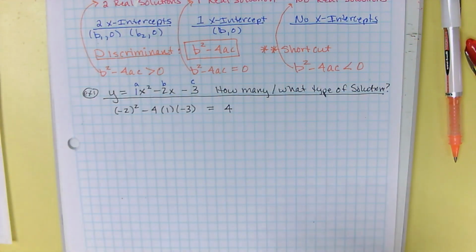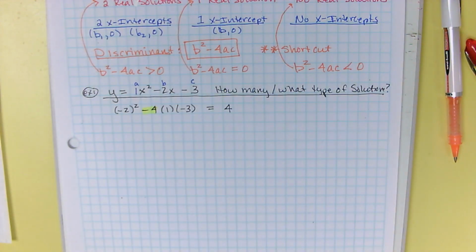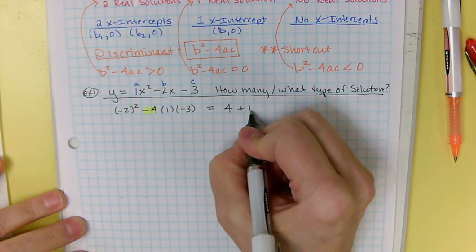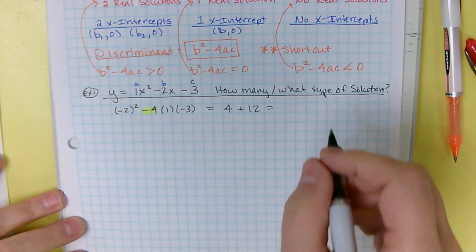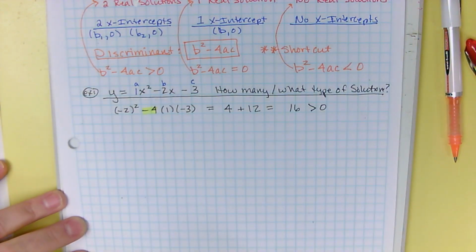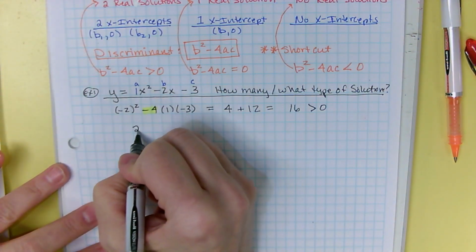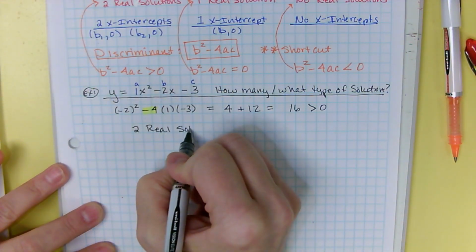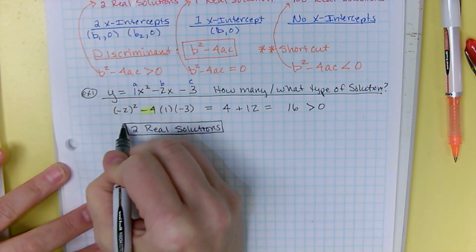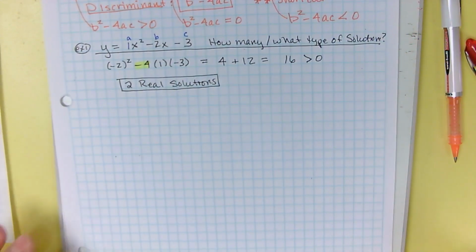And then you're going to take that negative 4 and multiply it to the right. Negative 4 times 1 is negative 4. Negative 4 times negative 3 is positive 12. And 4 plus 12 is 16. This is greater than 0. So this follows this first graph right here. We know we have two real solutions or two x-intercepts, depending on what they're asking. So that's how you use it.